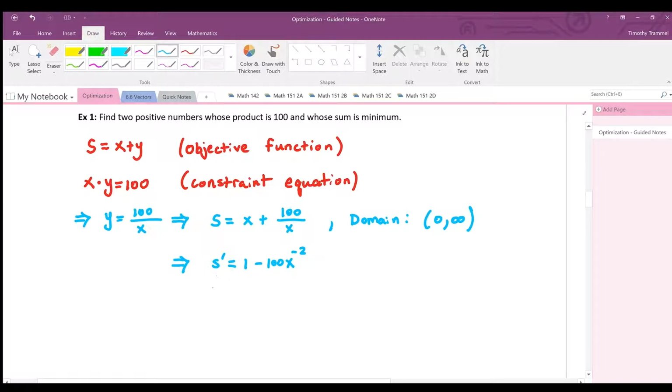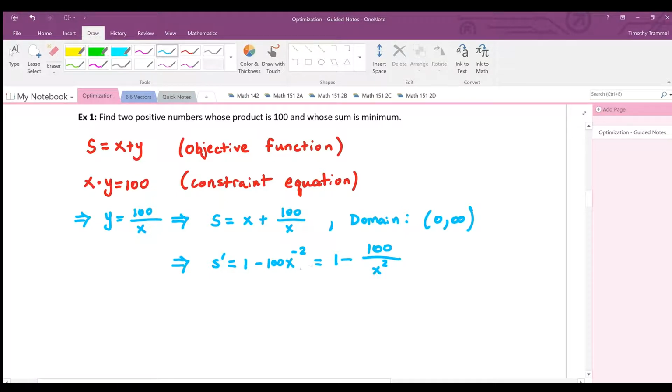Okay. So to find the critical points, I need to think about where this thing is undefined and where it is equal to 0. If I rewrite this just a smidge, you'd see that this is really 1 minus 100 over x squared.